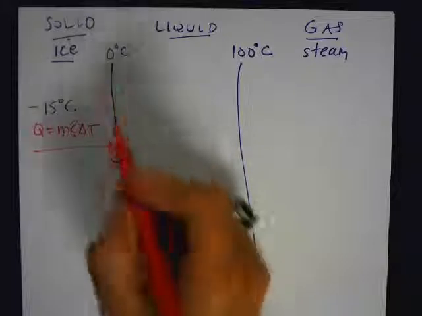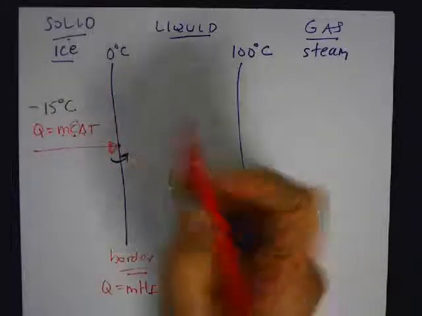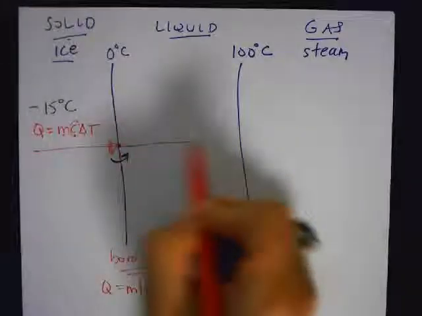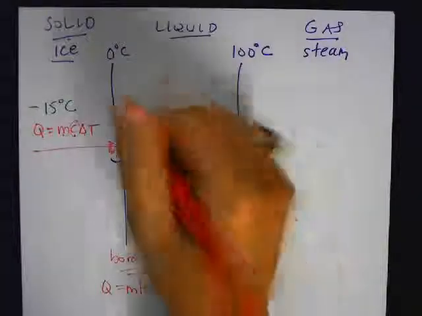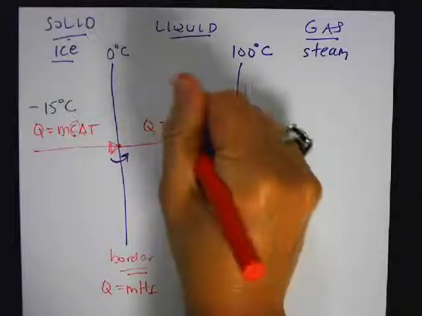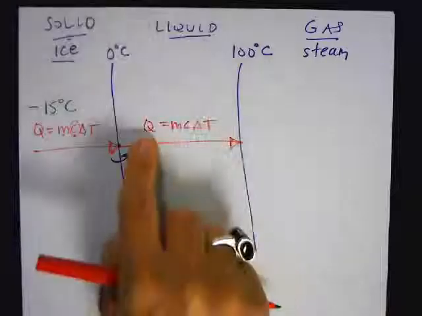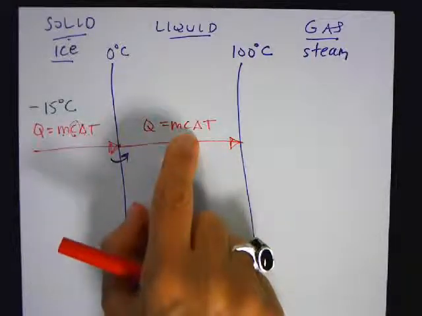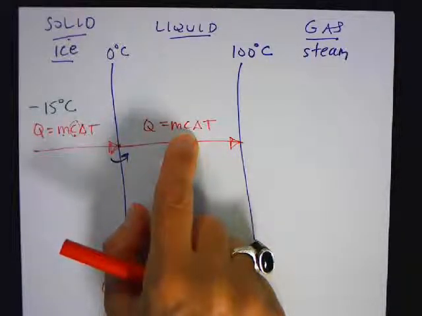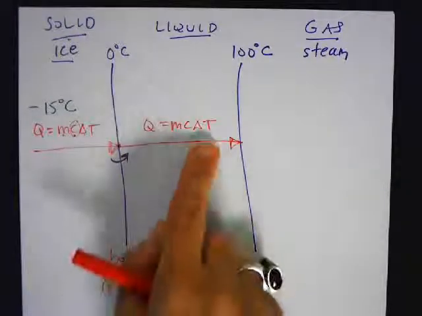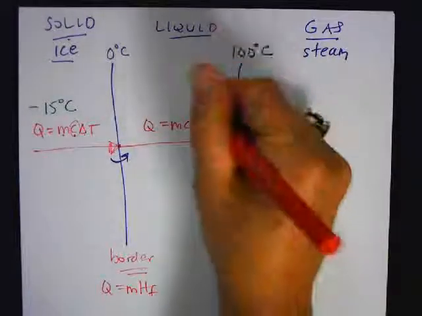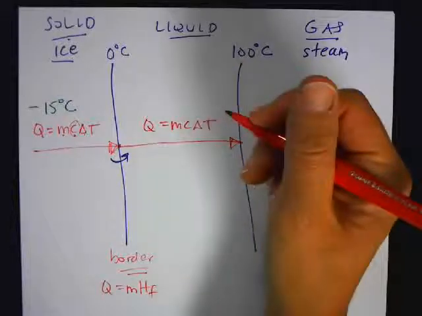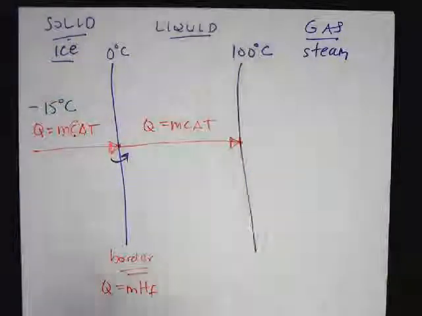Okay, now I'm at 0 degrees Celsius. How much heat? So just within the liquid state, I can calculate the heat. Q is equal to mc delta T. The heat would be the mass times the specific heat for water times that change in temperature. The change in temperature would be 100 degrees. Now I get to 100 degrees Celsius.